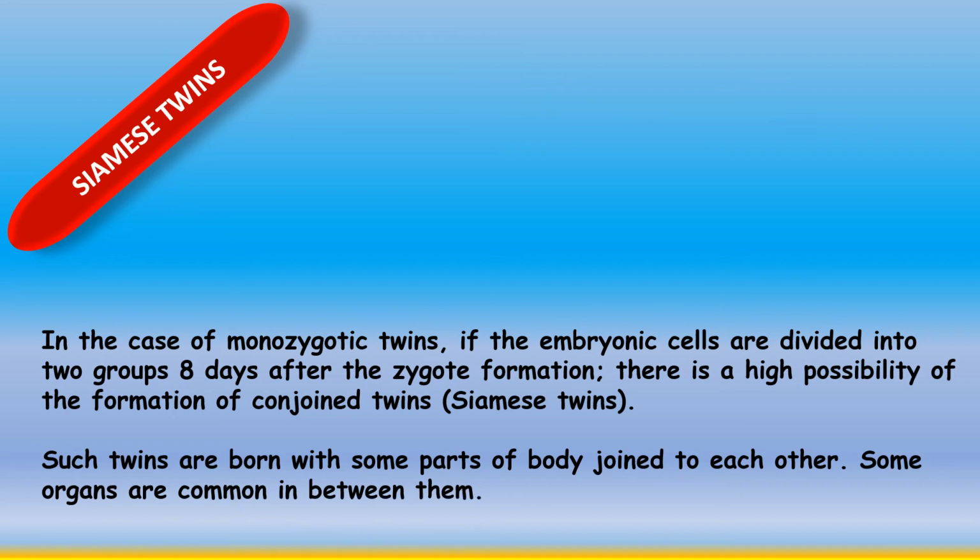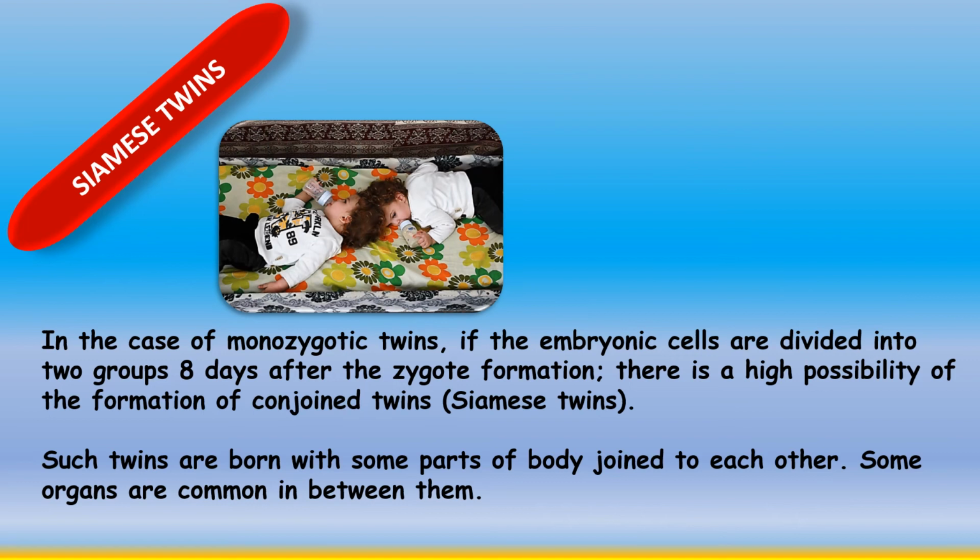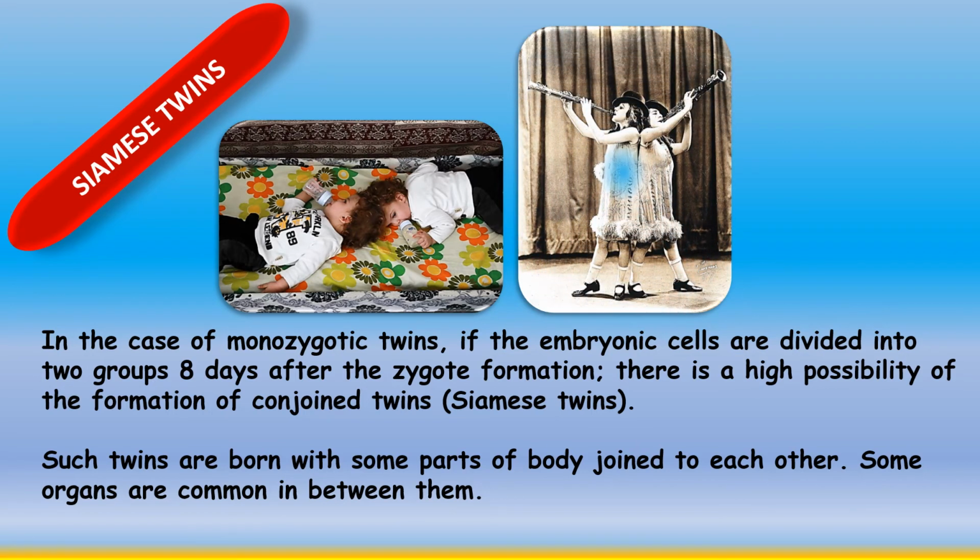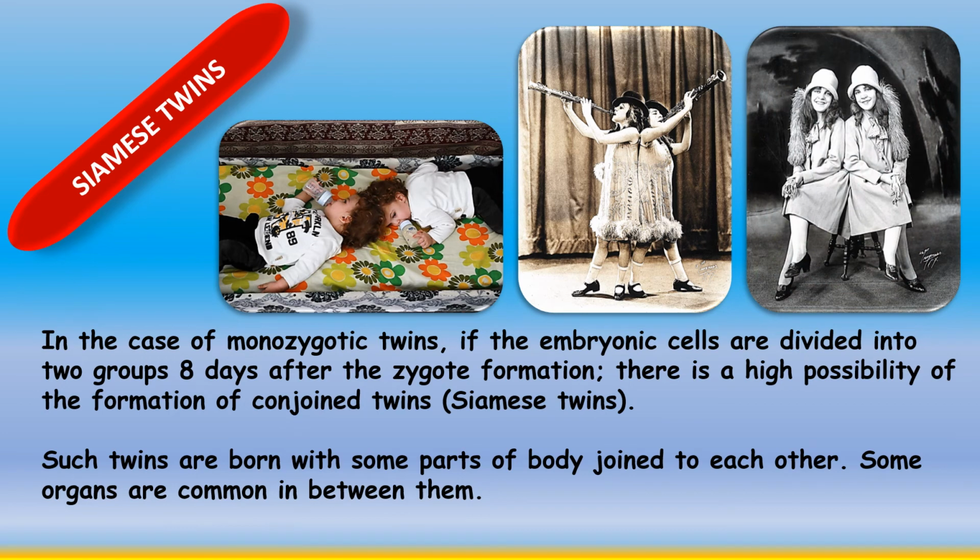Sometimes they have organs also that are common between them. So these are Siamese twins joined by the head, and we have these famous sisters who are joined at the sides of their bodies throughout the life.